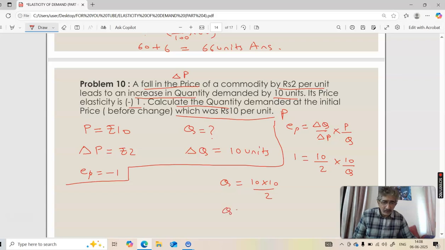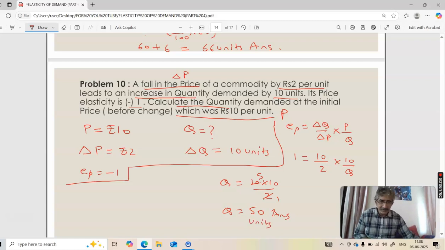So that gives you how much? 2 fives are 10, 5 tens are 50. So that's the answer. The original initial quantity is 50 units.